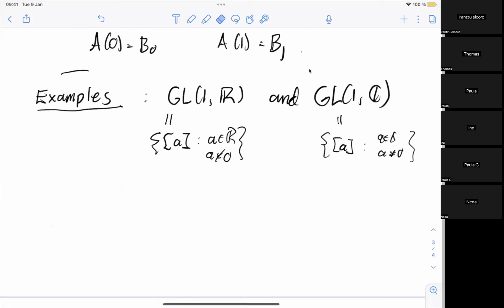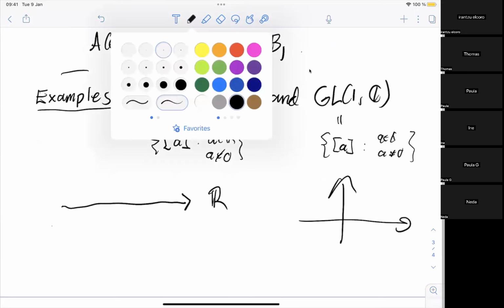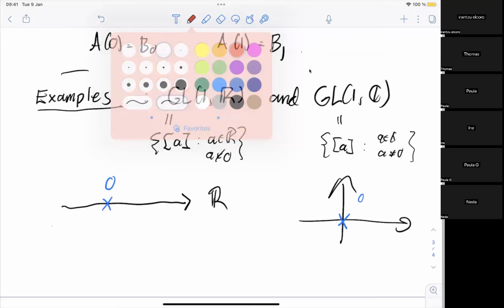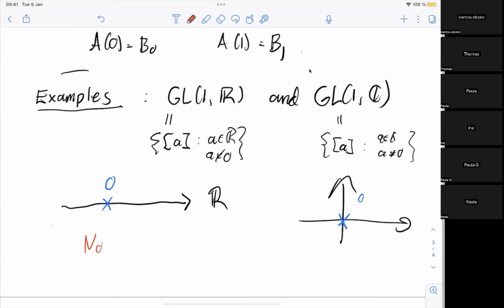So for the first one, it's the real line. And the second one is the complex plane. But without 0 here, and then without 0 here. And then for the real line, this one is not connected. So if I have B0 here and B1 here, there is no way I can draw a curve in a continuous way because I can't pass through 0.